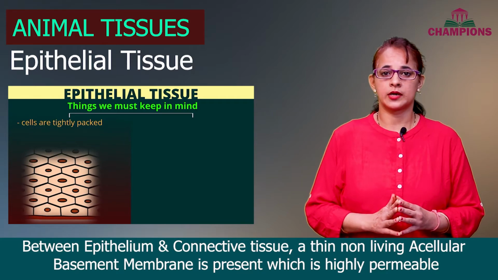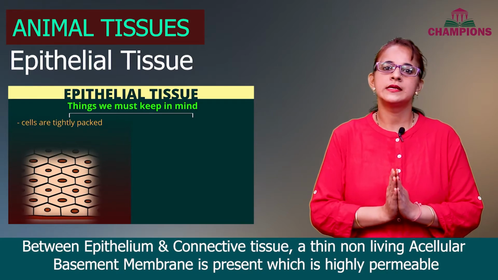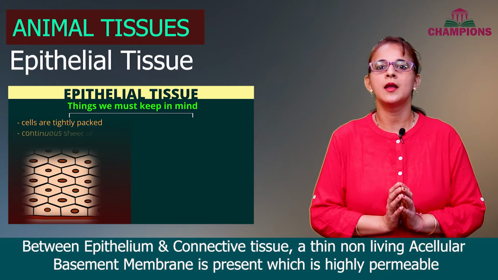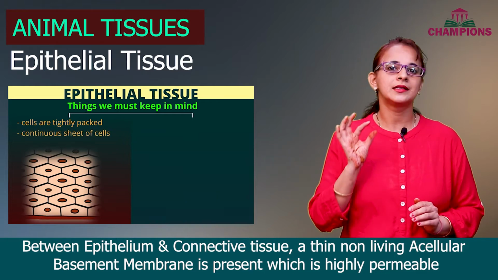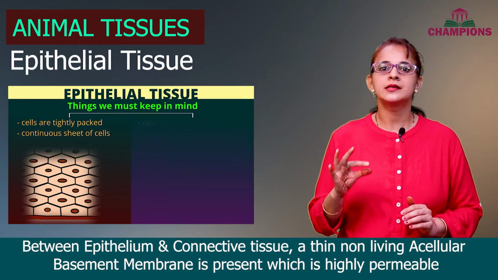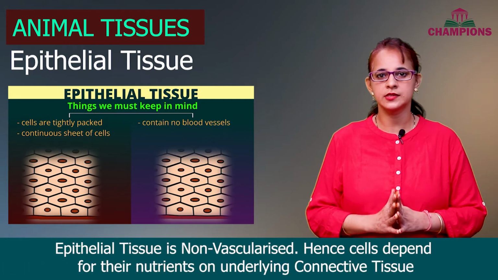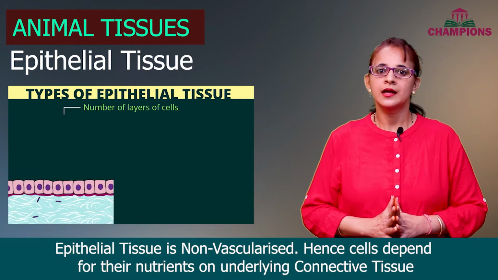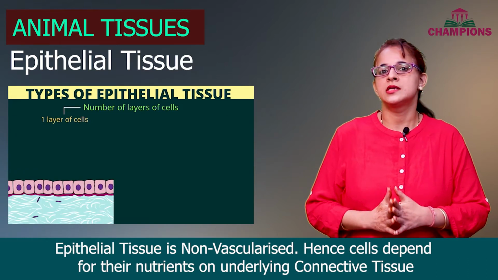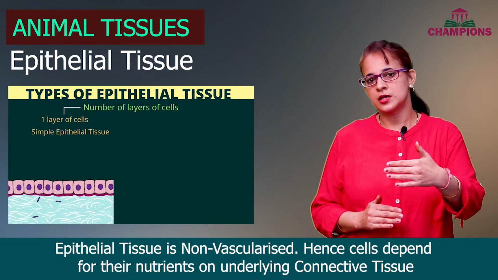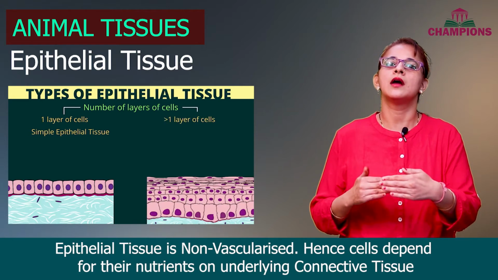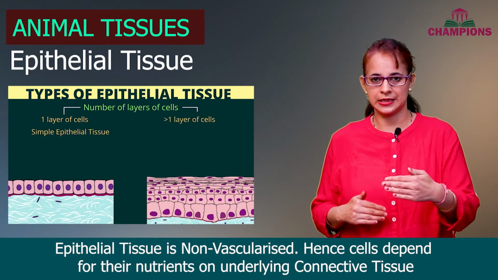And very important, these cells always lie on a very thin basement membrane, and that thin basement membrane is acellular and highly permeable. The purpose of this basement membrane is that it prevents the epithelial tissue from coming in connection with the other underlying tissues beneath it.